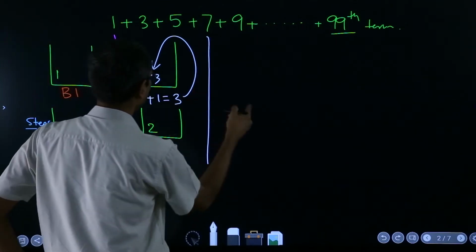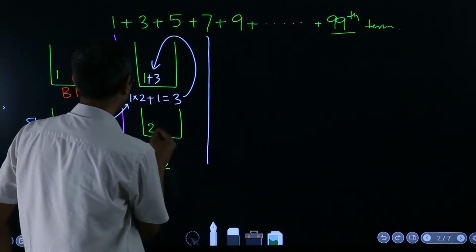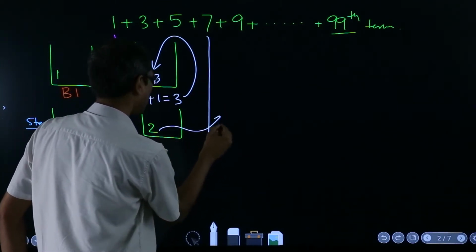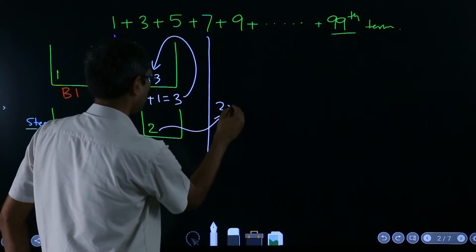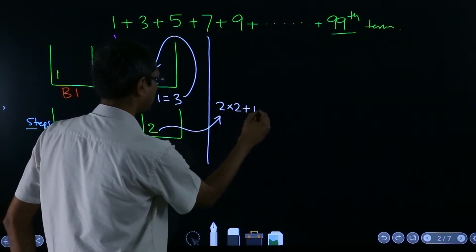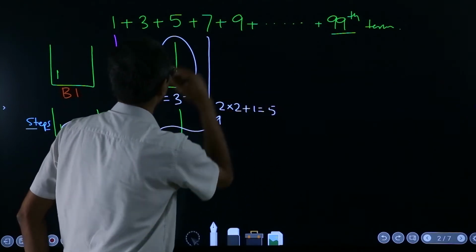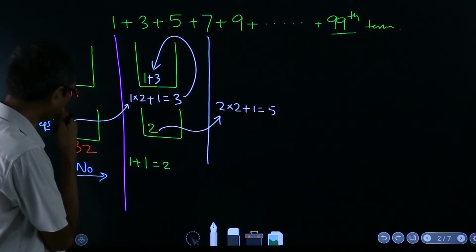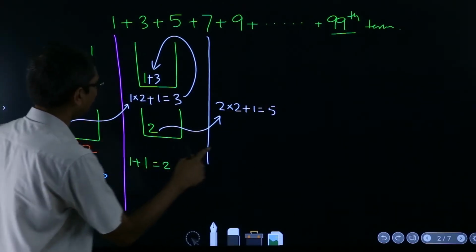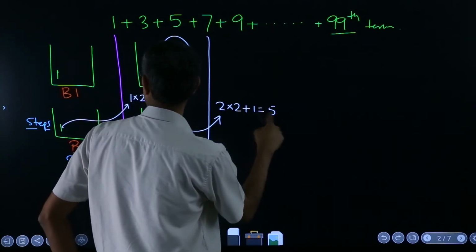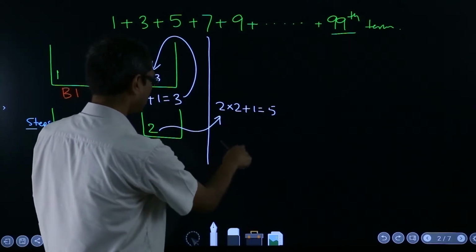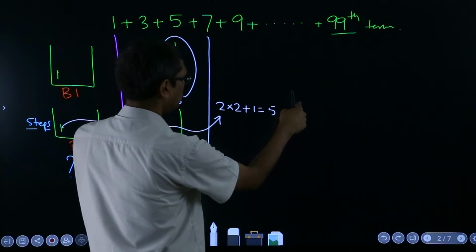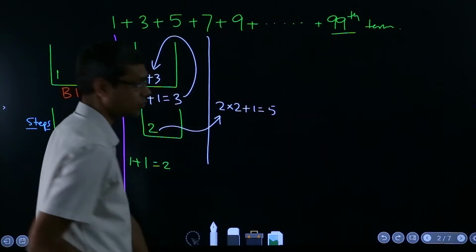Now should it work in the next step? I have 2 here. I will bring 2, multiply by 2, then add 1, I'm getting 5, and yes, that's working. Great. Then 5: here it will become 2 plus 1, 3. So 3 times 2, 6, plus 1, 7. So yes, that's working.